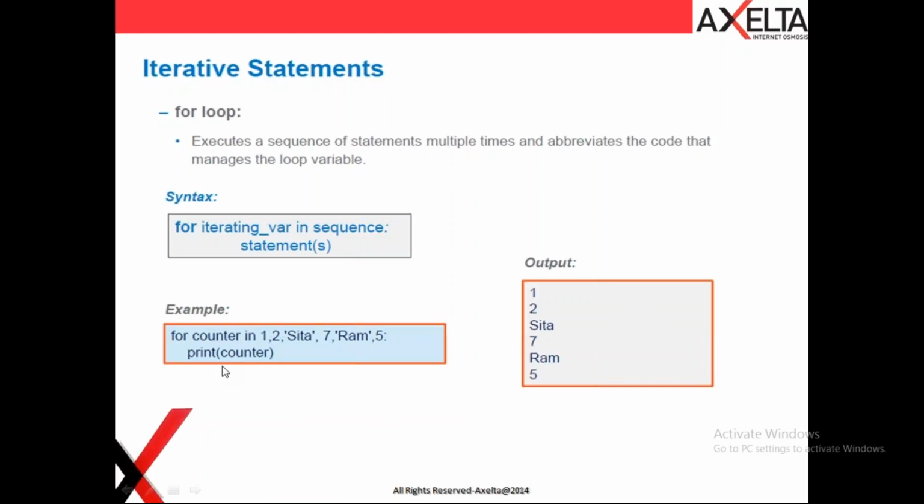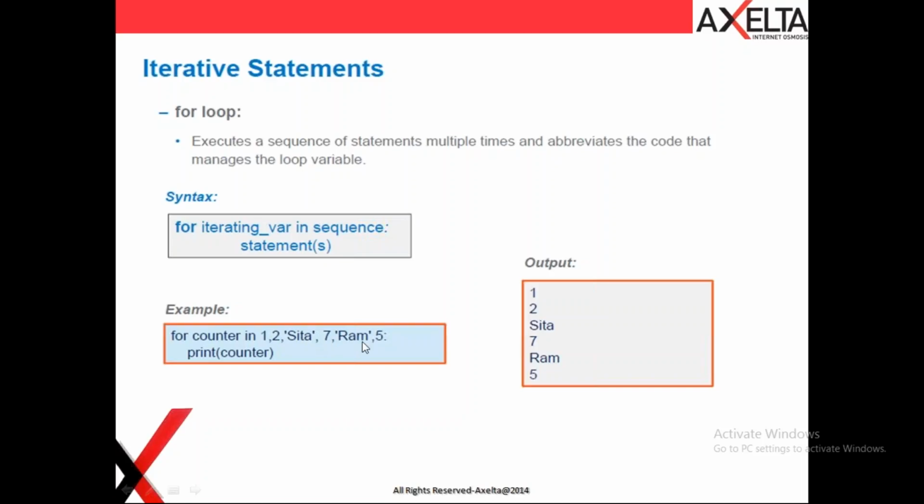Once the task is done, we go ahead with the second data. The value 2 is given to the counter, then we process the statements, then we take the third value. So for each time, one value will be taken in increasing order: first value, second value, third, fourth, fifth, sixth.